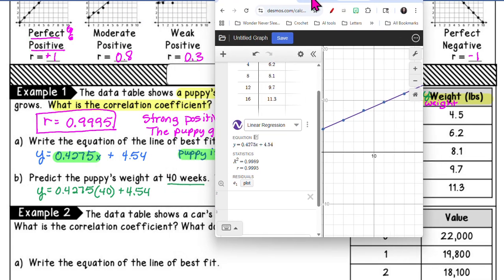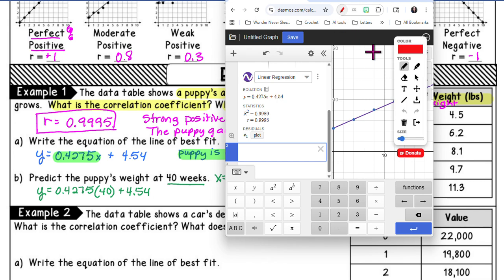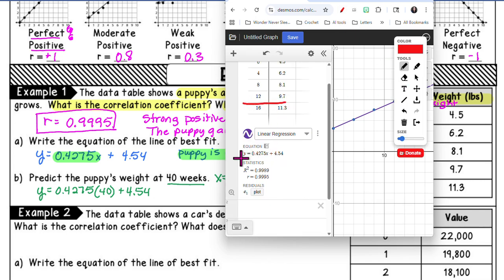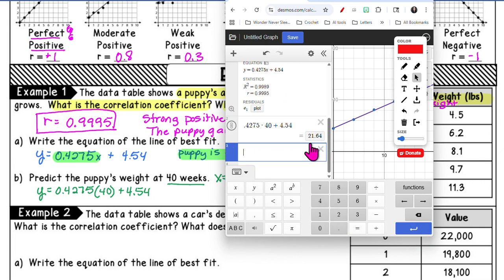Okay, so let me move it over here. I'm going to type it in down here. Just to point out, that equation we wrote down, we wrote straight from our calculator. So let's see. This is 0.4275 times 40 plus 4.54 equals, and that's 21.64.